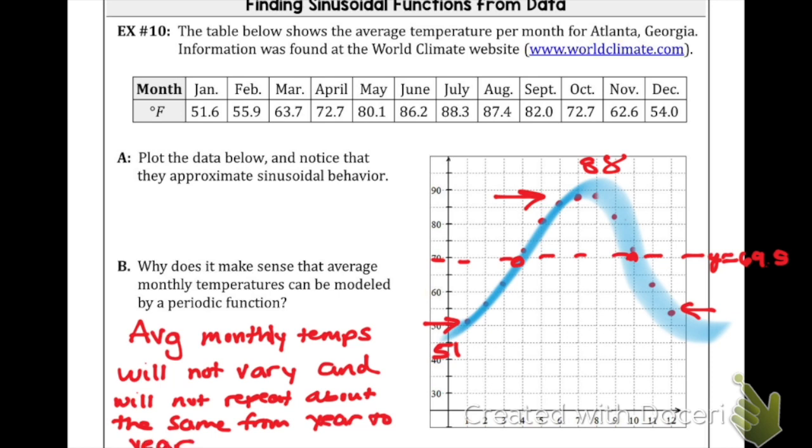Right? It's pretty safe to bet that the temperatures in December are going to be the same as the temperatures as December, right? So temps are cyclical with the seasons.